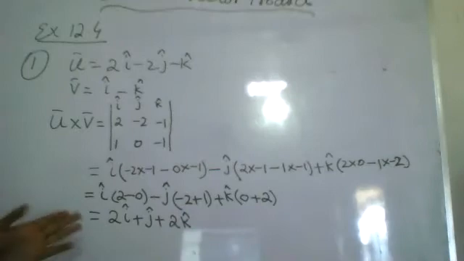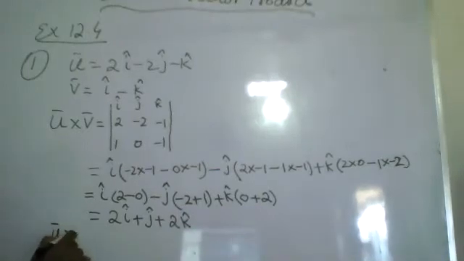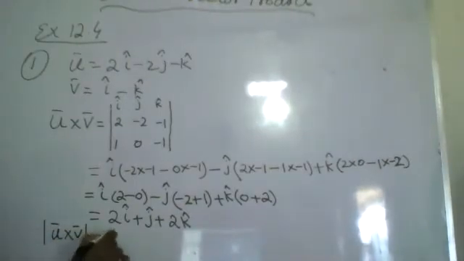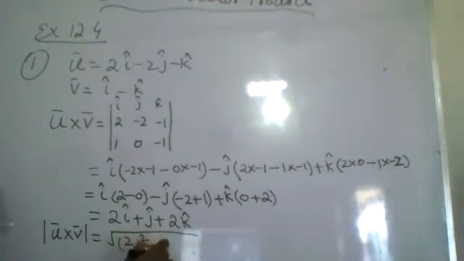And we can find the magnitude of u cross v: under root 2 square plus 1 square plus 2 square.